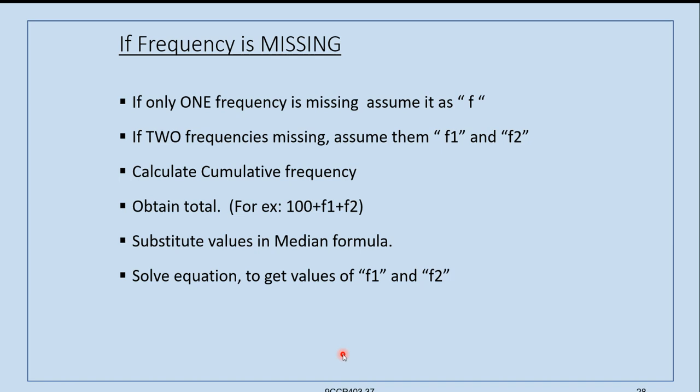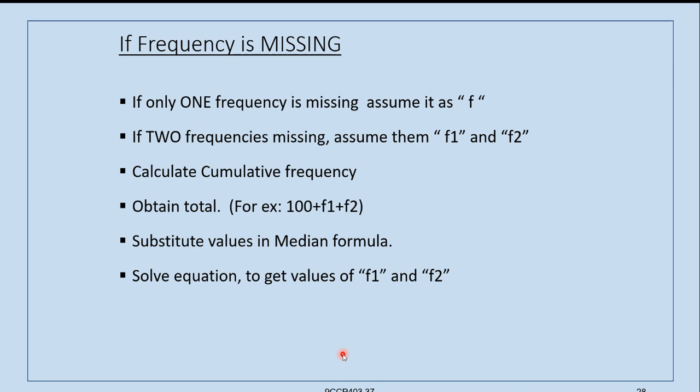This assuming we have seen in the last arithmetic missing data also. So if only one frequency is missing in the problem, we can assume the missing frequency as f, and then calculate it. If two values are missing, better take a and b or x, y or f1, f2, any constant value you can take. That will be the variable and we will calculate the variable.